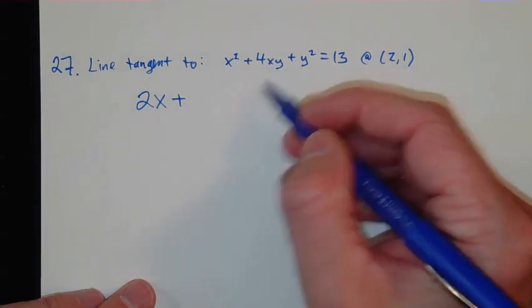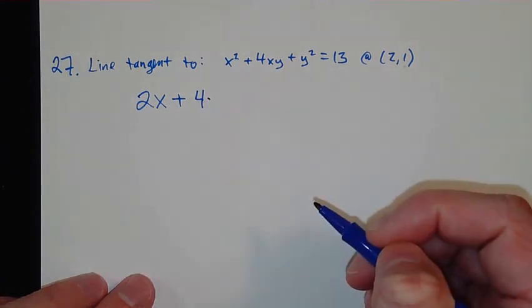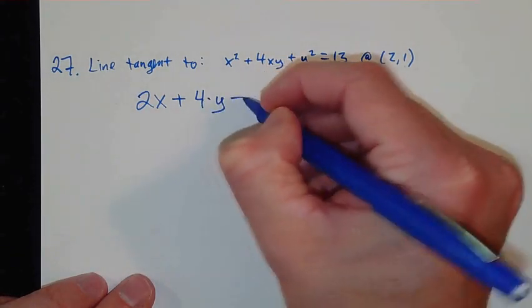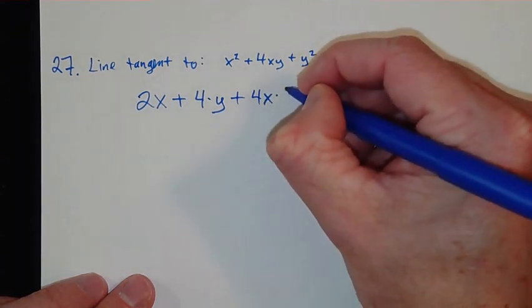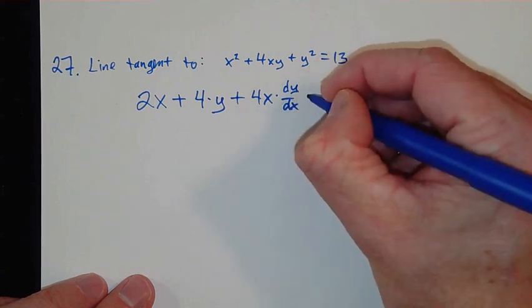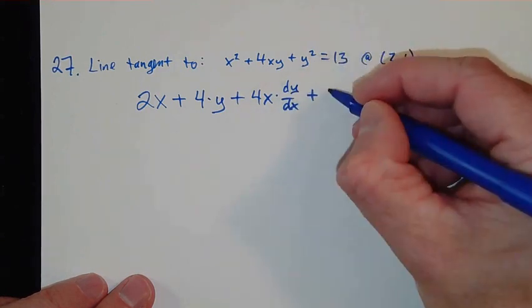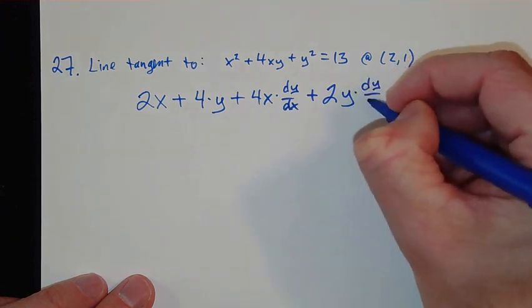Derivative of 4x times y, this is product rule: derivative of 4x times y, plus 4x times the derivative of y, dy dx, plus the derivative of y squared is 2y times the derivative of y, dy dx.